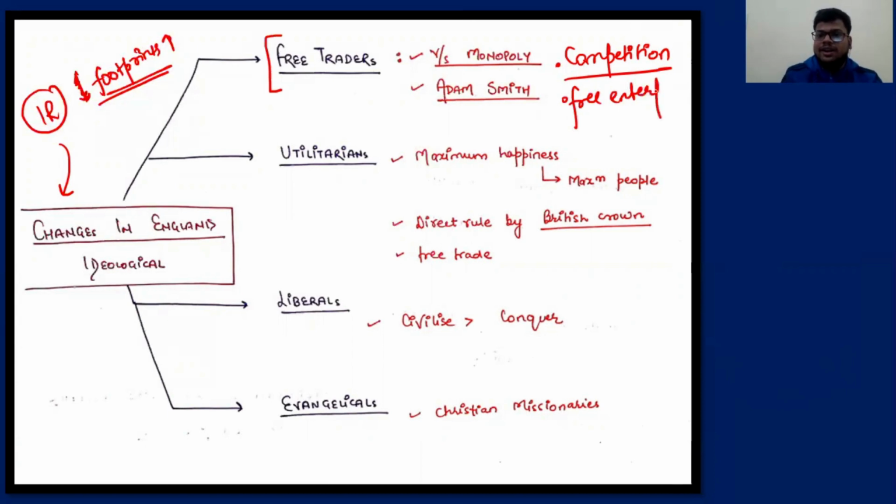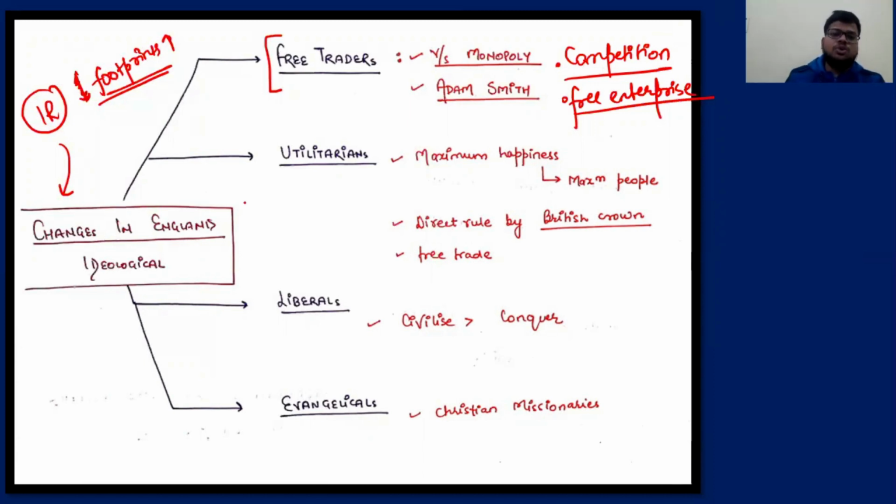We should not let the state intervene a lot in the economy. Hence, this exclusive charter given to the East India Company should not be there. Rather, competition should be promoted, with which we can extract more revenue. That was one of the ideas in England, and we will see the repercussions of these ideas in the further policies which will come.